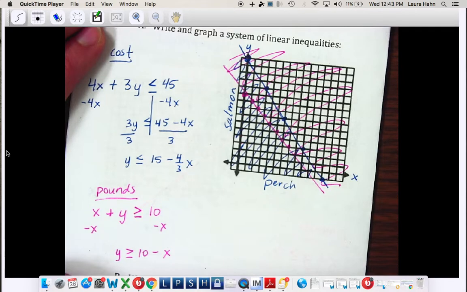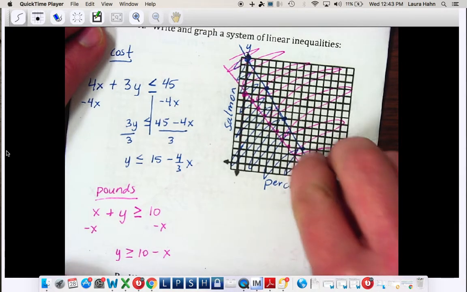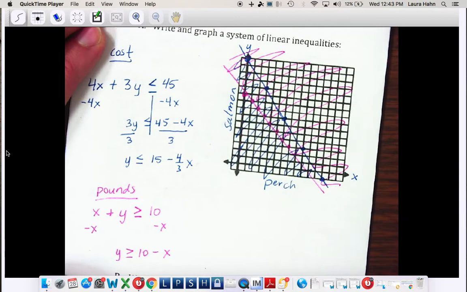So I know the possible solutions are where those two overlap, which is this little middle section right here. So I'm going to go back and make that darker.